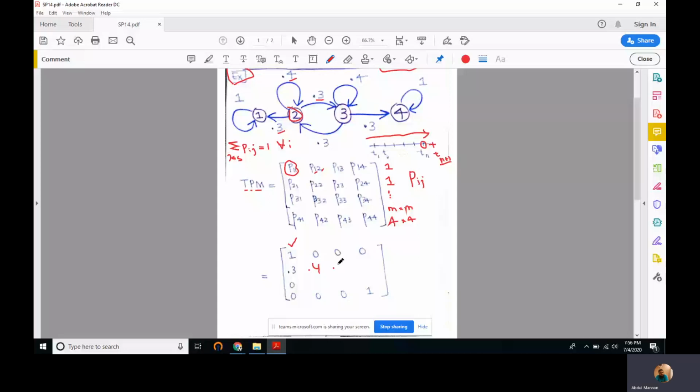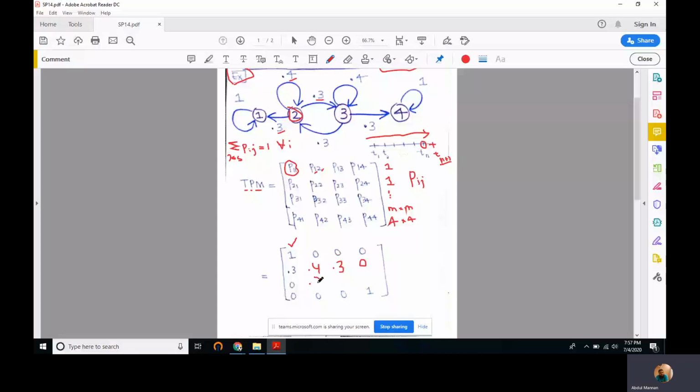If we are at state 3 at time Tn, the probability of being at state 1 at time n plus 1 is 0, as there is no outgoing arrow from 3 to 1.